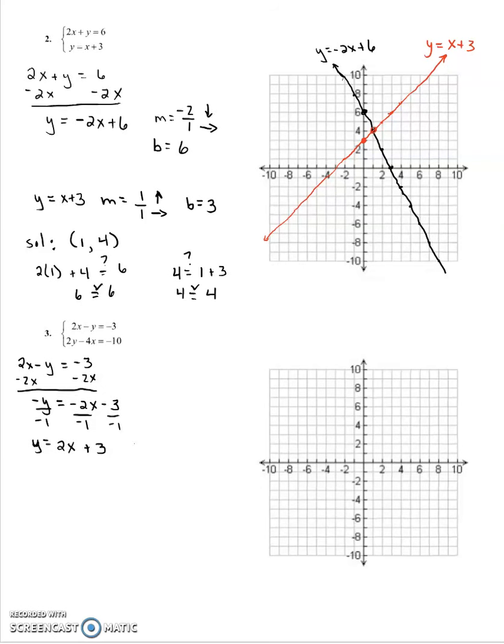So our slope is 2 over 1. So we go up 2, right 1. And our y-intercept is 3. So put a point at 3 on the y-axis, then up 2, right 1. And then connect the dots.